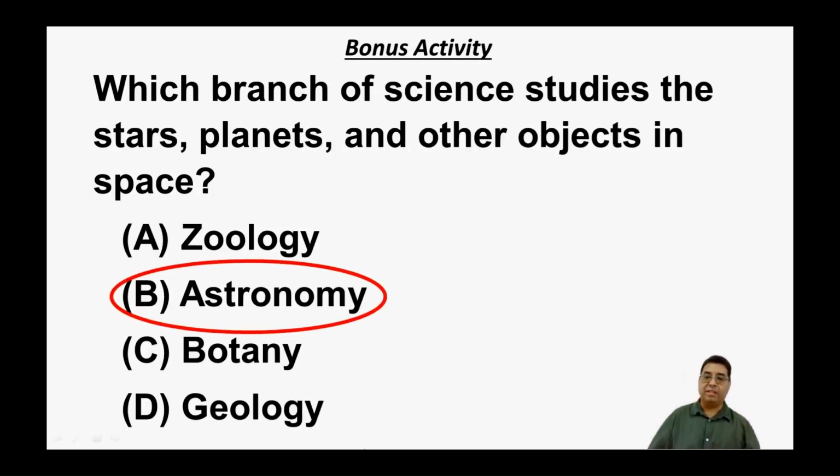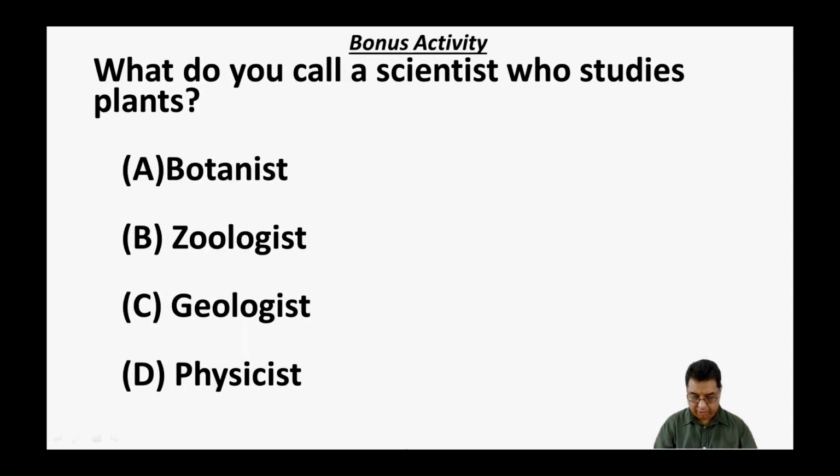That's right, it's astronomy. What do you call a scientist who studies plants? A, botanist, B, a zoologist, C, a geologist, or D, a physicist? Right, the answer is A, botanist.